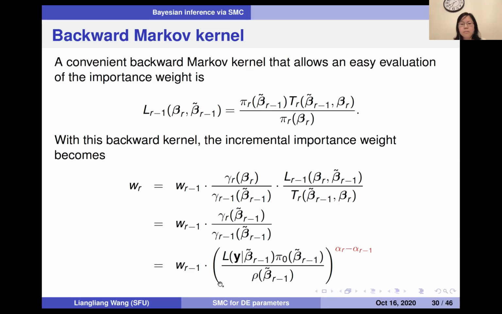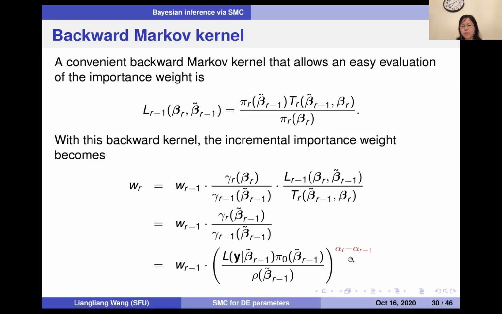Using our intermediate distribution, this is the form of the weight update. You can see it relies on the previous particles beta tilde sub r minus 1, and also the difference between the two annealing parameters alpha r and alpha r minus 1.